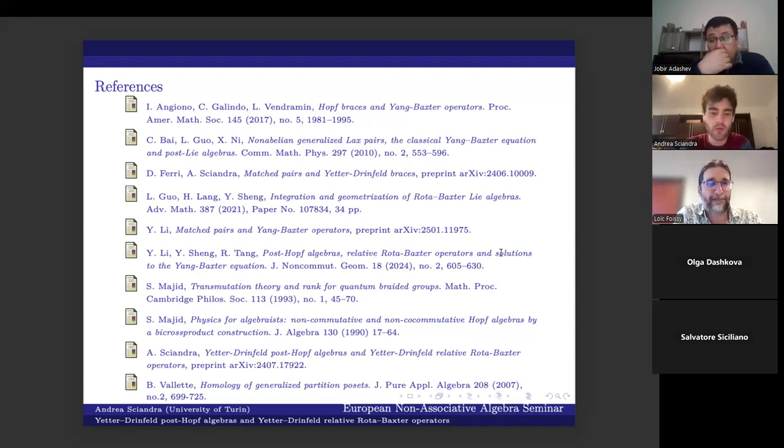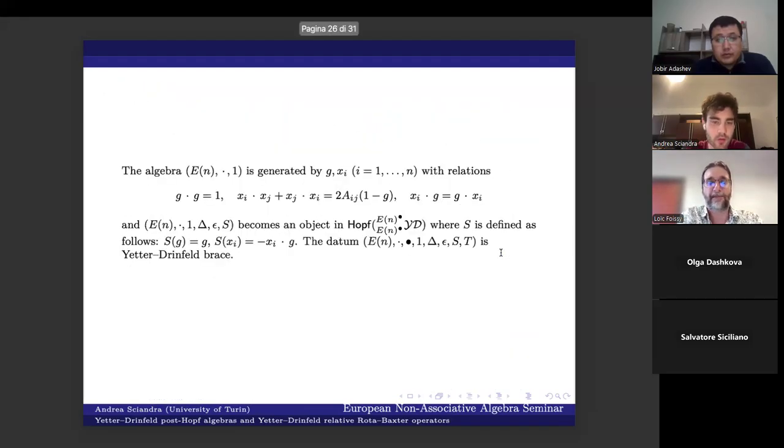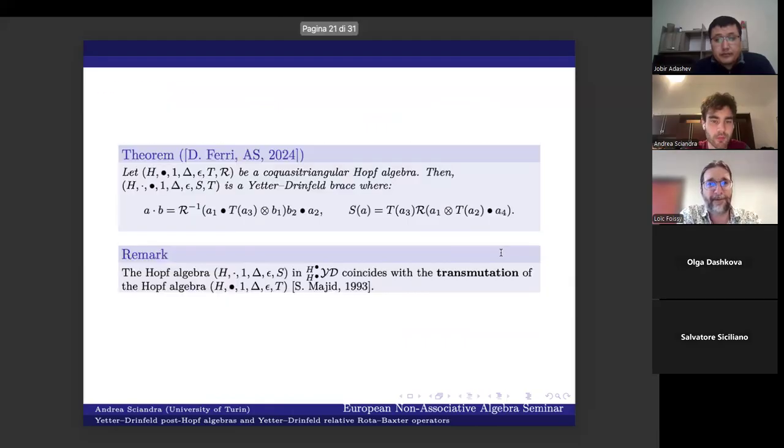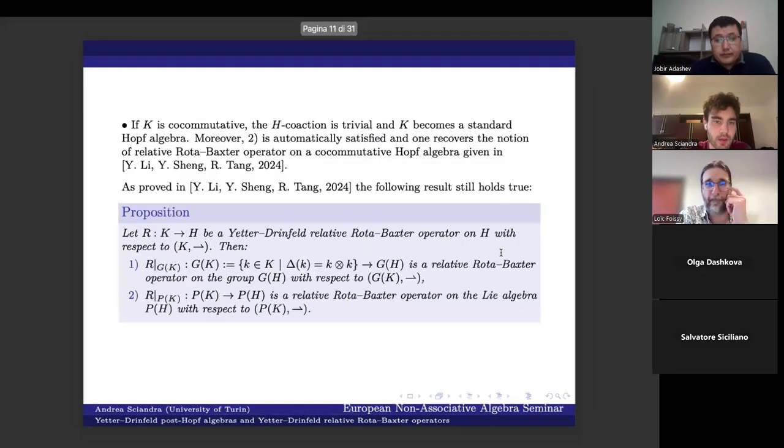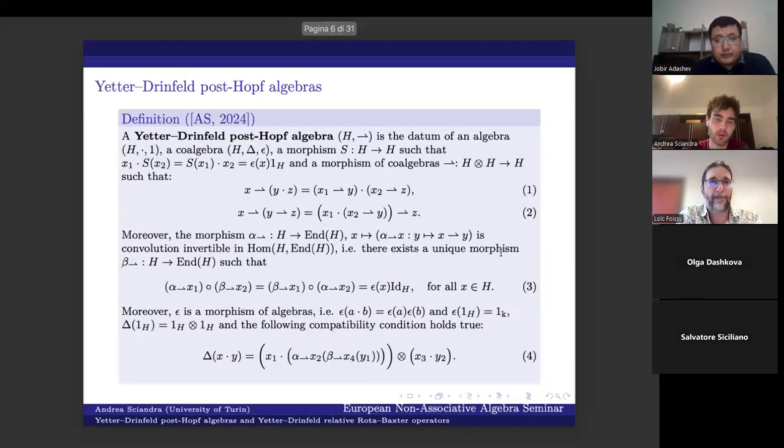So you say that when you have cocommutative post-Hopf, but when we have cocommutative, our category coincides with the one of post-Hopf. So cocommutative Drinfeld, I can show you. Drinfeld post-Hopf is given by this category here. And when we assume cocommutativity, this becomes a standard morphism of algebras.